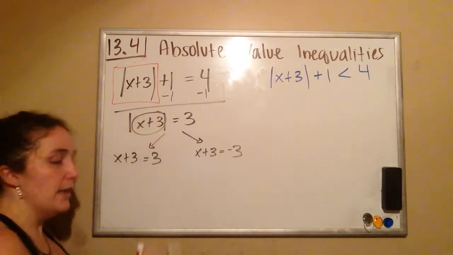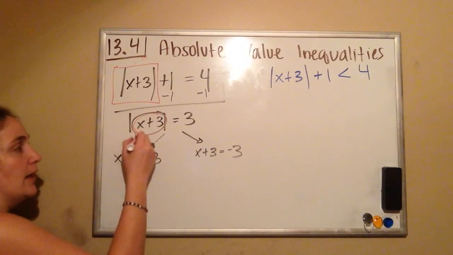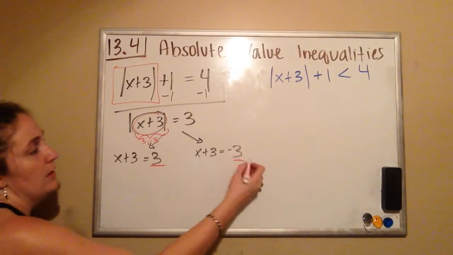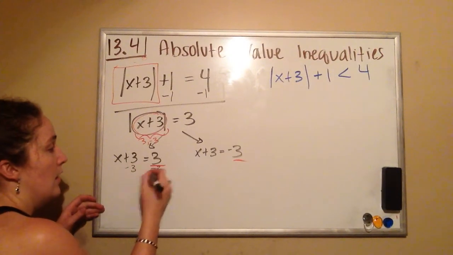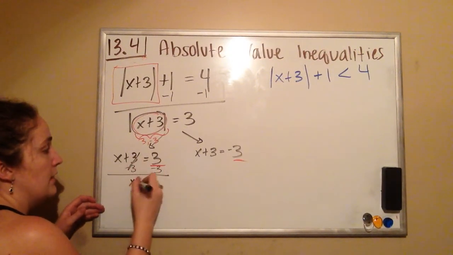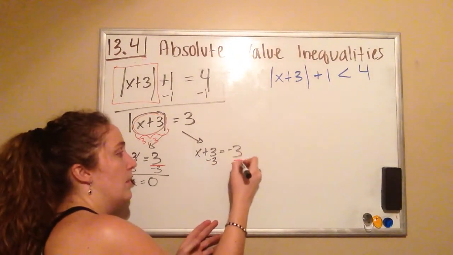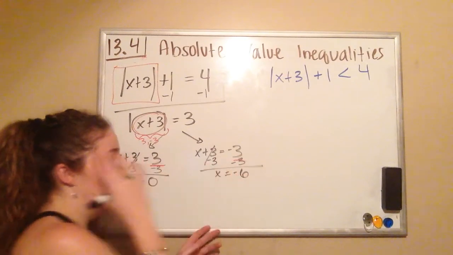Because you're thinking, what could my insides of the absolute value equal? They could either equal 3 or negative 3. Good, and then when you were to solve those, subtract 3, you would get x equals 0. Okay, over here, subtract 3, x equals negative 6.